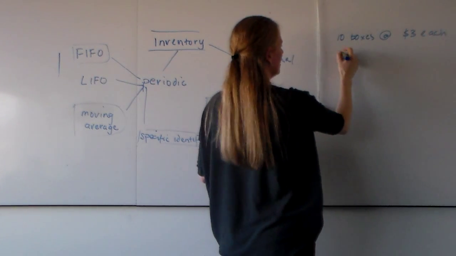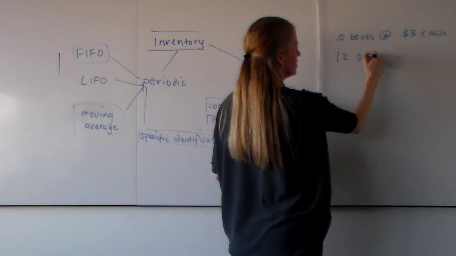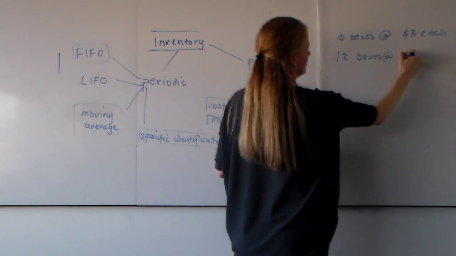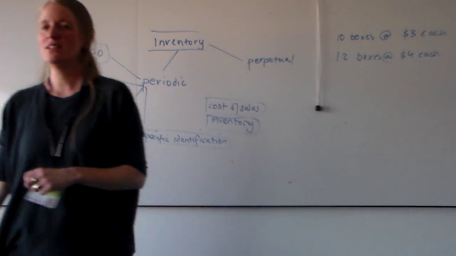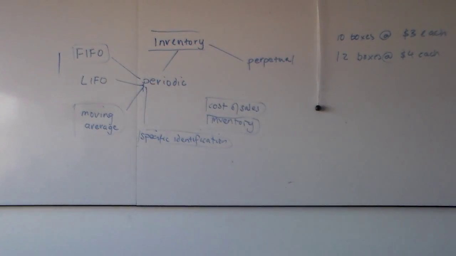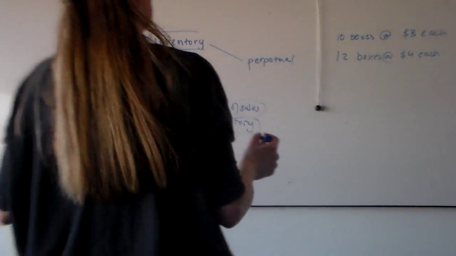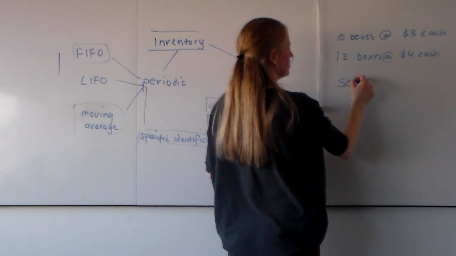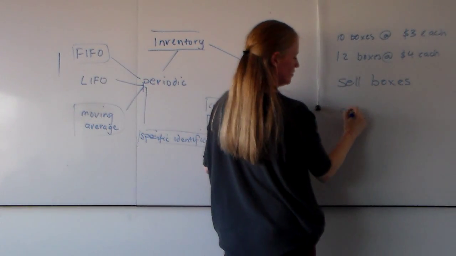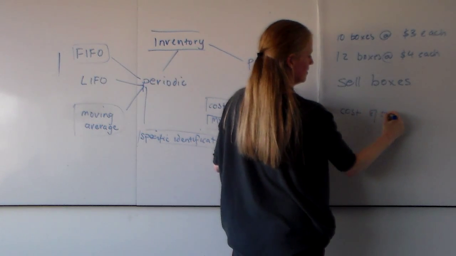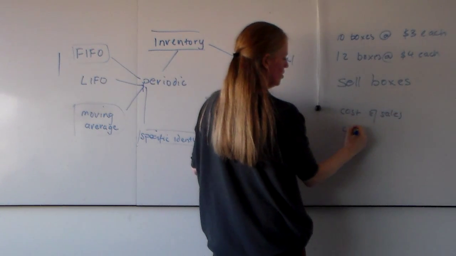I then purchase another 12 boxes at $4 each. And then say I sell 11 boxes. So I sell 11 boxes, and I say to you, what's the cost of sales figure, and what's the closing inventory?